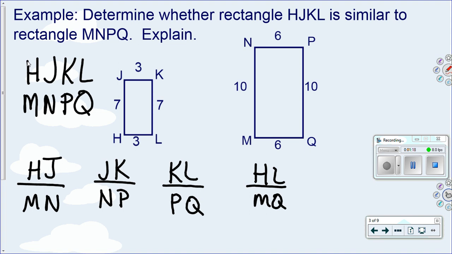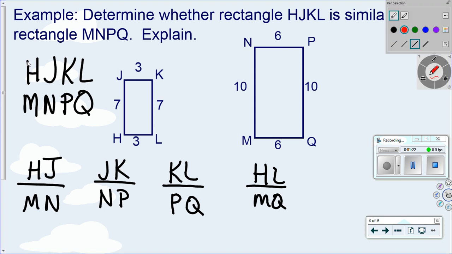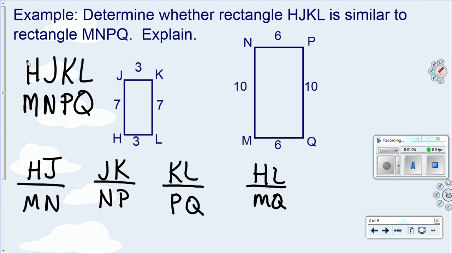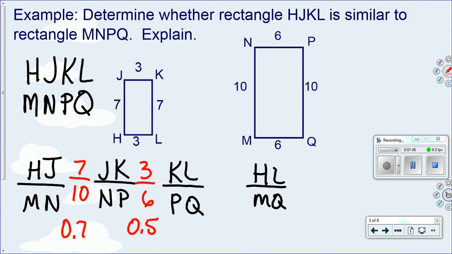Well, what is the length of HJ? 7. HJ is 7, MN is 10. So 7/10, how do I write that as a decimal? 0.7. JK is 3. NP is, what's 3 over 6? 0.5.